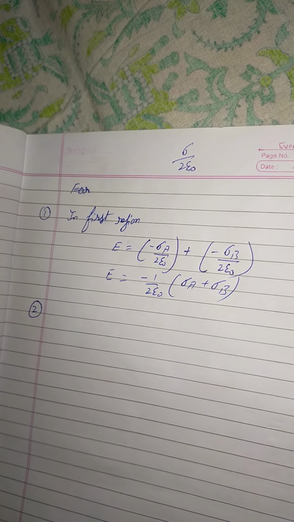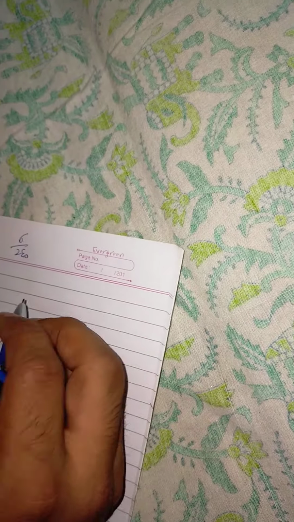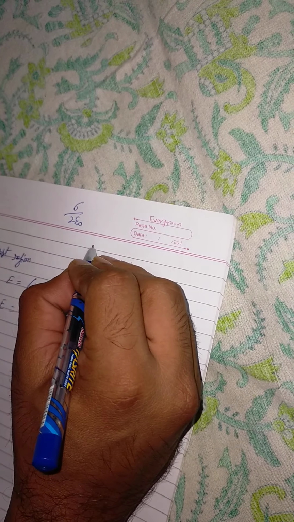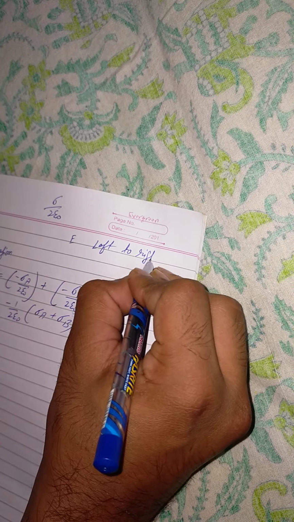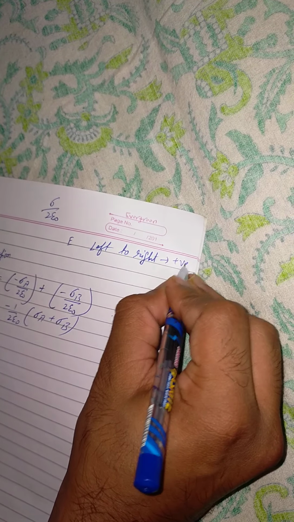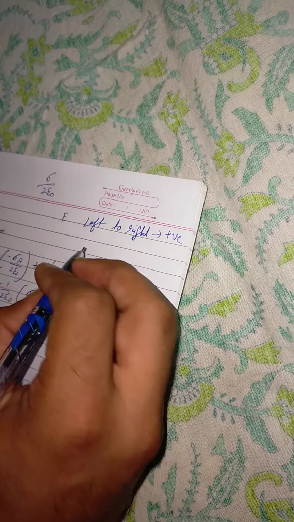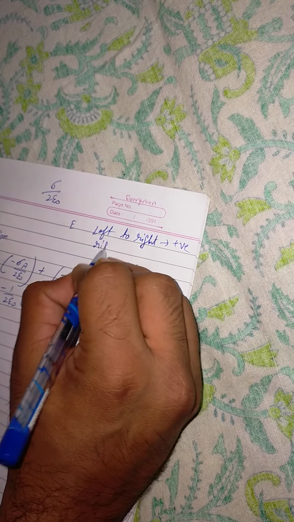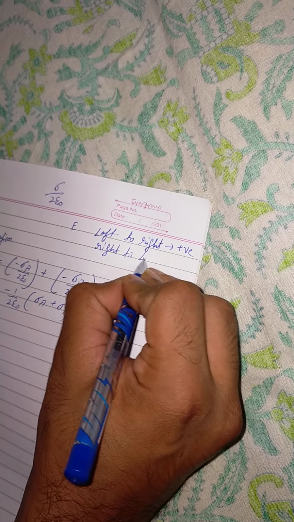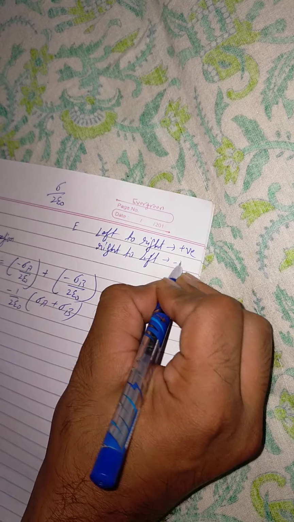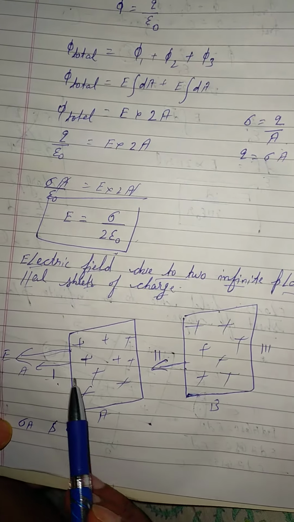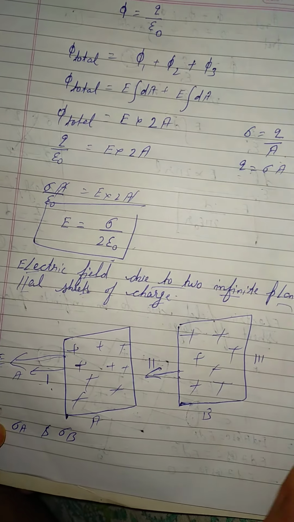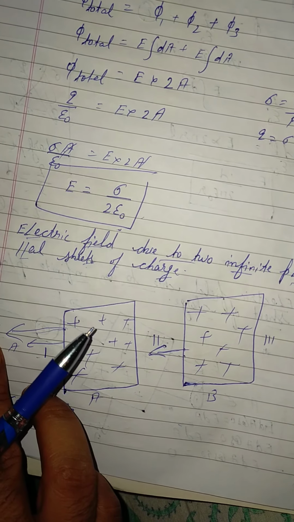You have to know the rule: if the electric field lines go from left to right, the sign convention says positive, but now the electric field lines are from right to left, so negative. For the first region, the electric field lines move away from the positive charge, from right to left.